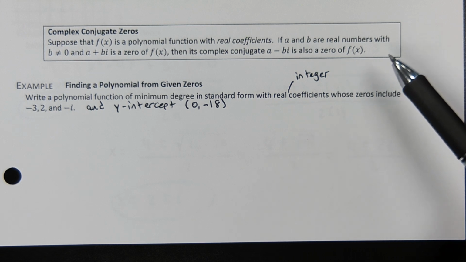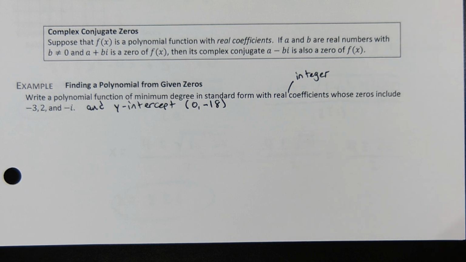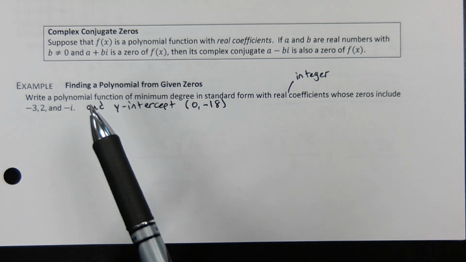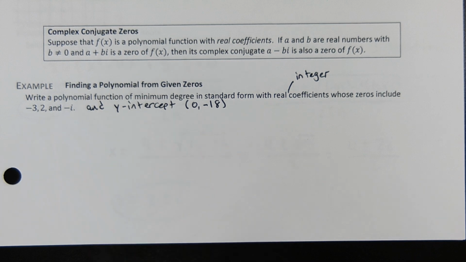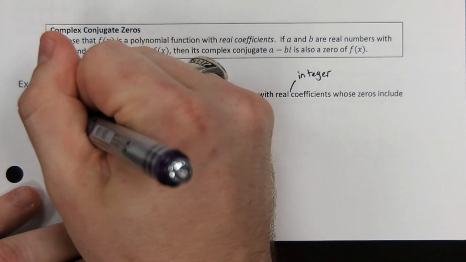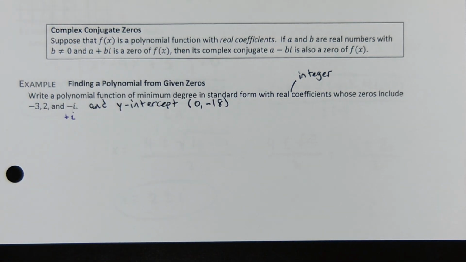If -i is a solution, what has to also be a solution? +i. Plus or minus i. They have to come in conjugate pairs. Think of this as being 0 minus i. That means 0 plus i also happens. So it's not possible to have just -i as a solution. You also have to have +i as a solution. All right?